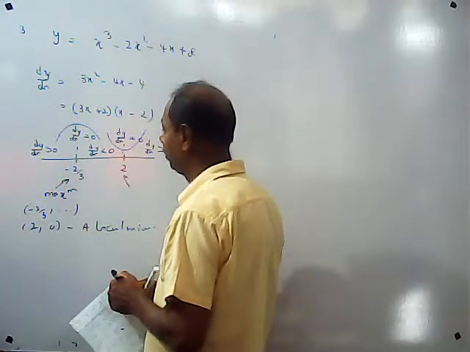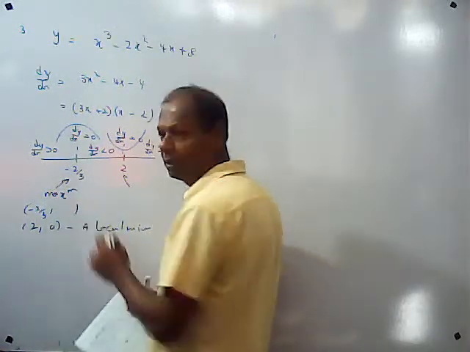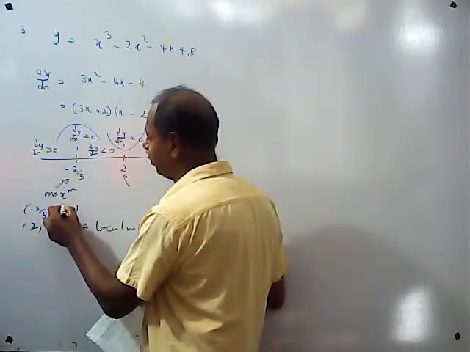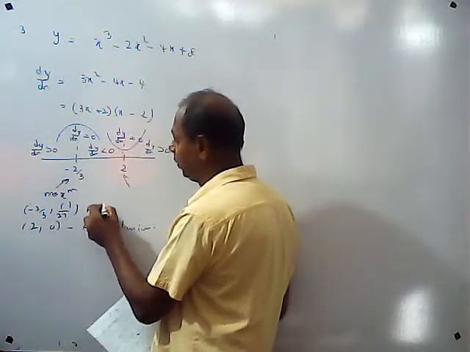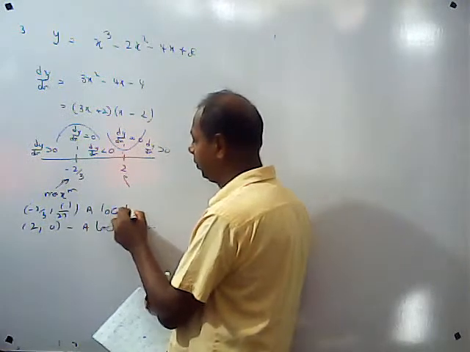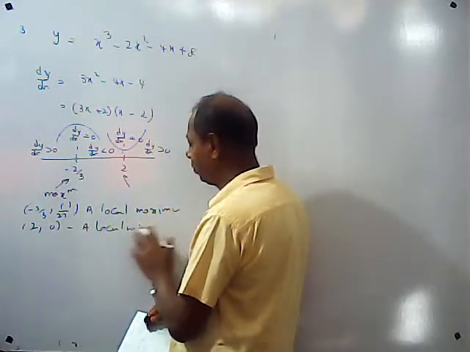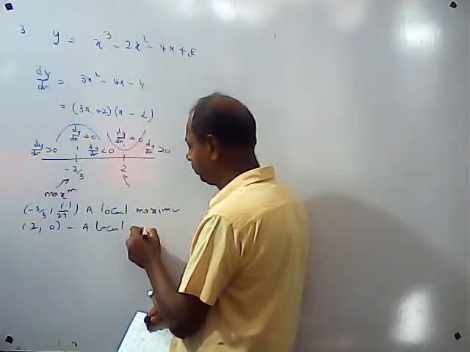The y value at minus 2/3 is 5 or 27 or something. This one is a local maximum. This one is a local minimum.